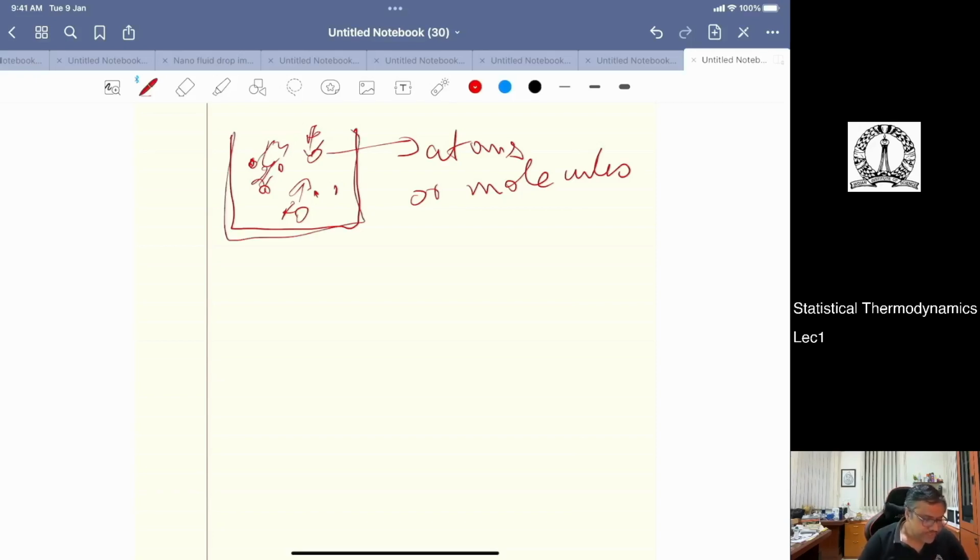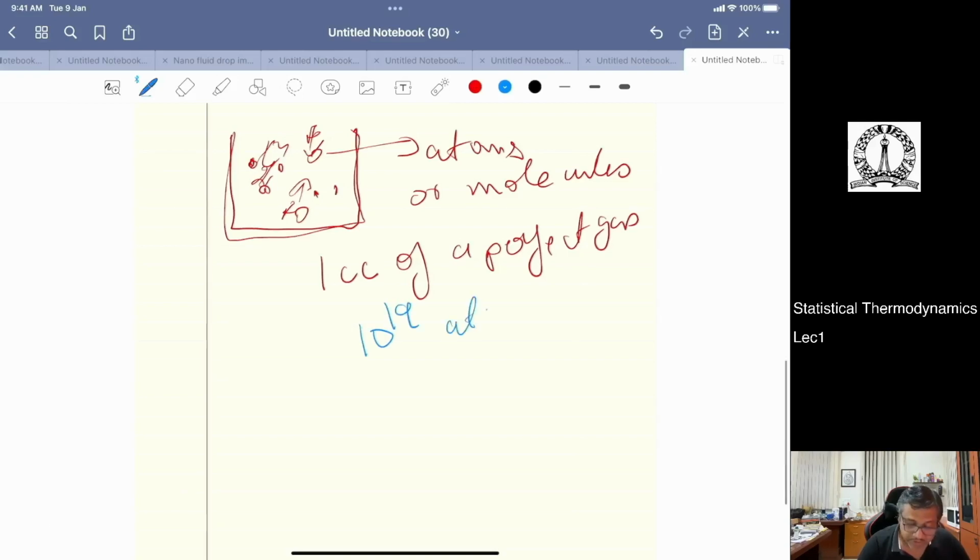Even the simplest of systems, say 1 cc of a perfect gas, contains 10 to the power of 19 atoms or molecules. So bookkeeping becomes a very difficult task because you are dealing with a huge number of particles.